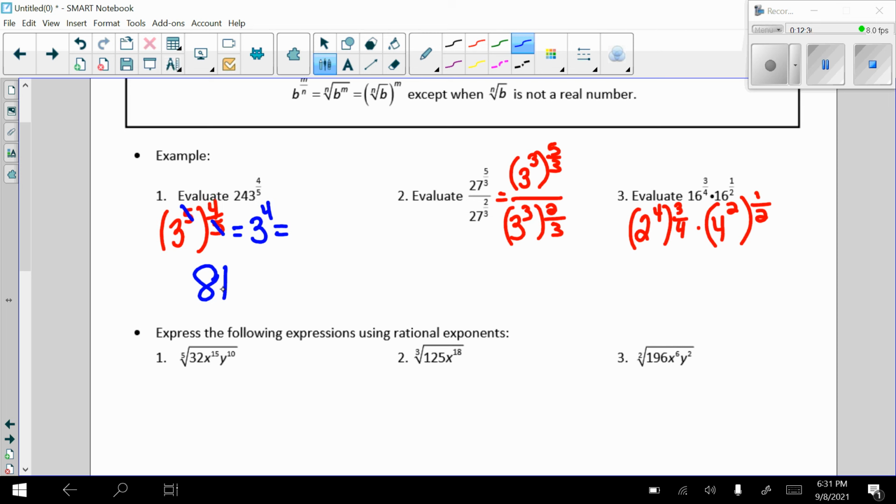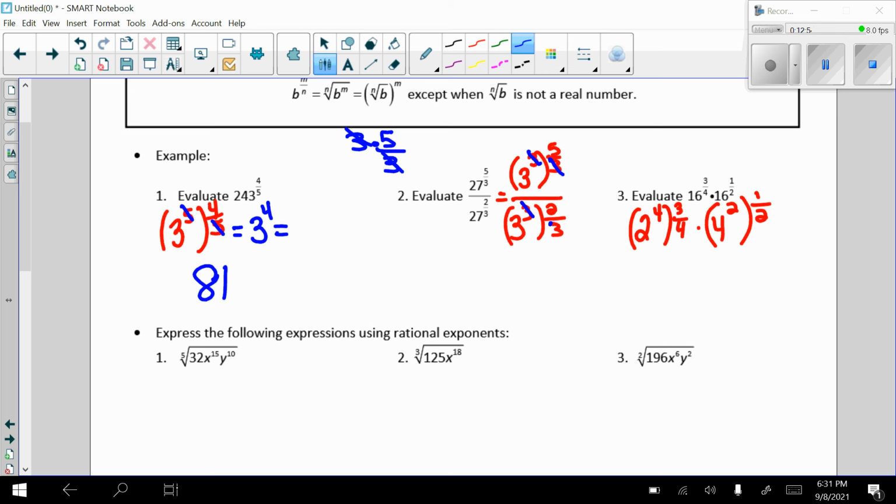The second problem, there were actually 2 ways that I thought you might do this one. So I'm showing you the first one right here, and that is to take the 27 and rewrite it as 3 cubed. When we do that in the numerator, what we get is these 3's will cancel each other out. And again, that's because we have 3 times 5/3 in our exponents. Okay?